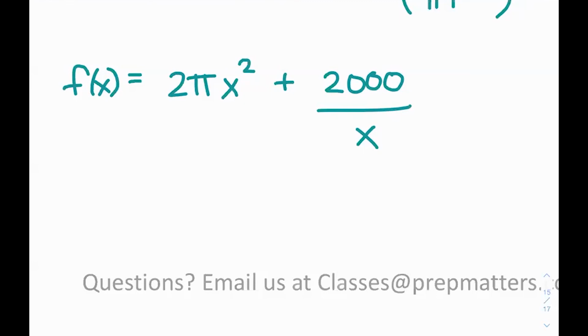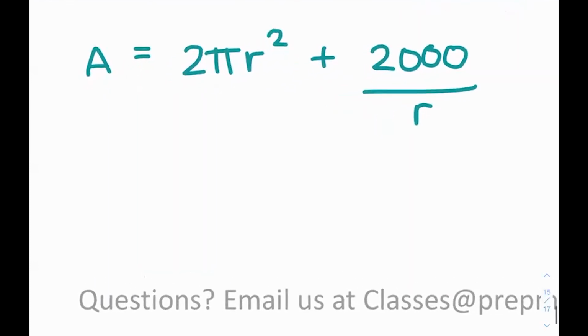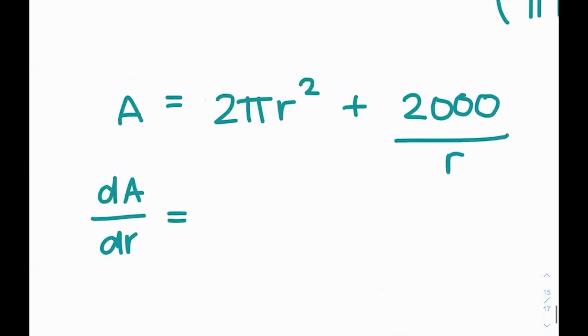If it makes you happier to do your entire problem in terms of f and x, go for it, as long as you label your diagrams to correspond with that. So now I'm going to differentiate A with respect to r. So the derivative of A with respect to r, just like doing a derivative in this form, if we had our function written as A of r and then A prime of r.